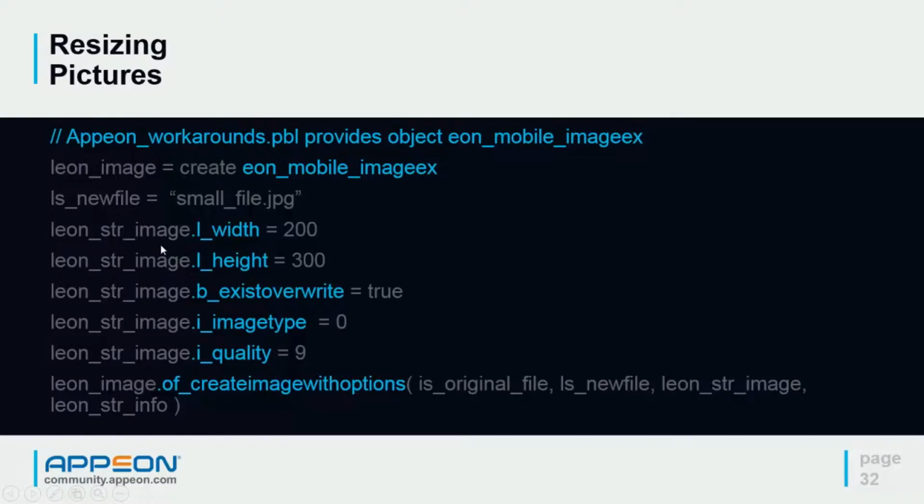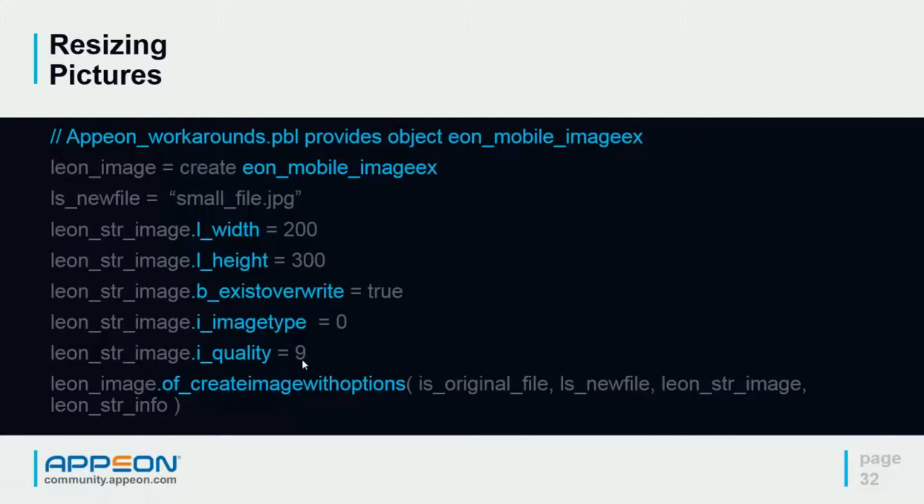You're going to put this image on this object, with a width of 200 and a height of 300, and if it exists, you will overwrite the file, image type 0, and the quality is what really makes the change. So depending on the quality of your image, you might want to be playing with this number. Right now with the example we put a 9.